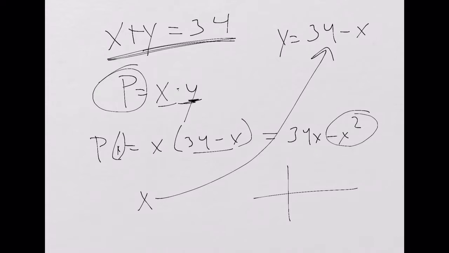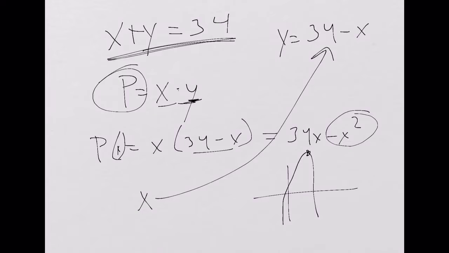I'm going to go to my Desmos real quick just to get a general idea of what it looks like and where it's located. So on the graph of this, I get something that looks like this. So we get this maximum up here.